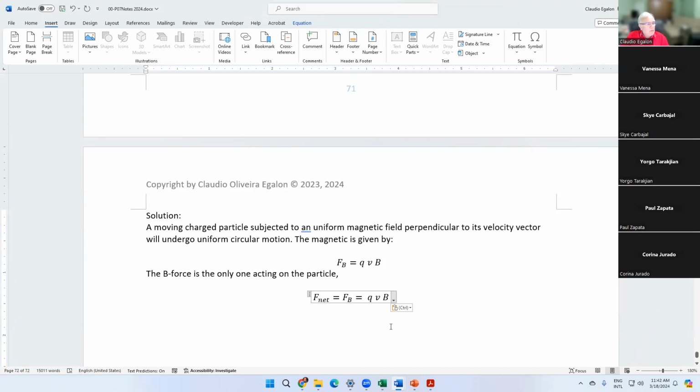Because the particle is undergoing uniform circular motion, the net force is going to be the mass of the charged particle times the centripetal acceleration, which is the mass times v squared over r. I want to know this r right here.